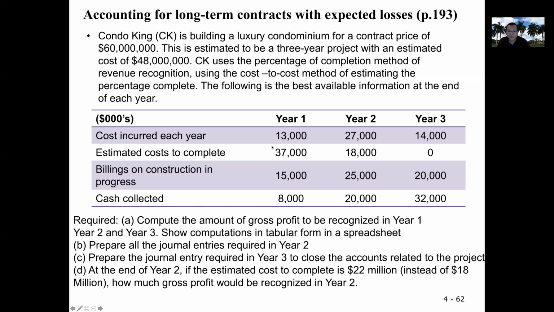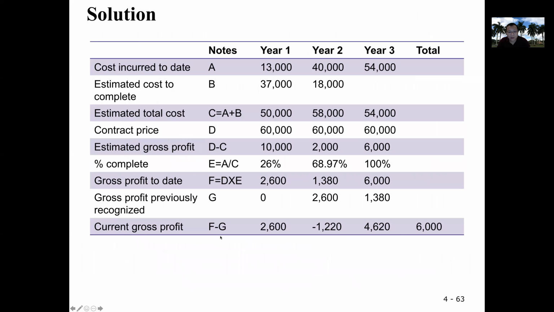So this is a 3-year program. The first question is: compute the amount of gross profit to be recognized in year 1, year 2, and year 3. So let's take a look.